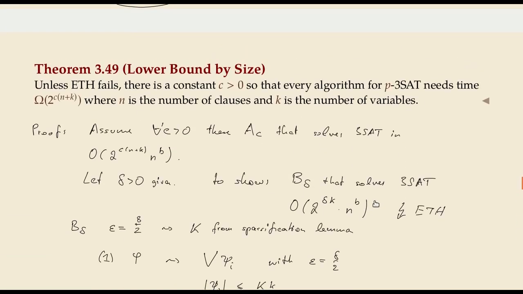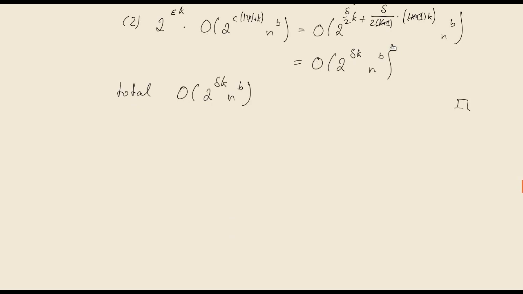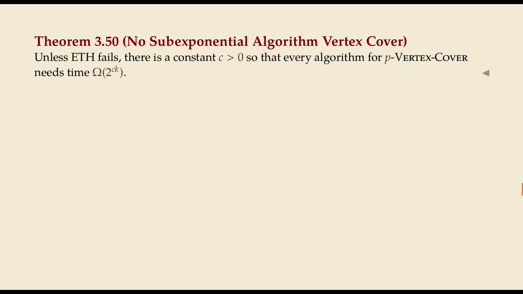Now this is a much stronger statement because it includes the size of the formula. So assuming that we find a proper gadget reduction from 3-SAT to vertex cover, this new result states that there is some constant c, so that vertex cover needs 2 to the c to the k running time, unless this hypothesis is false.